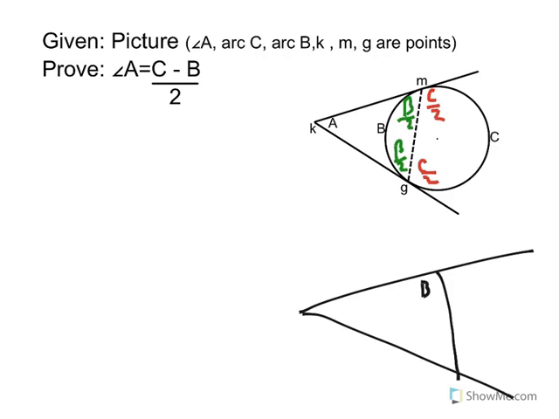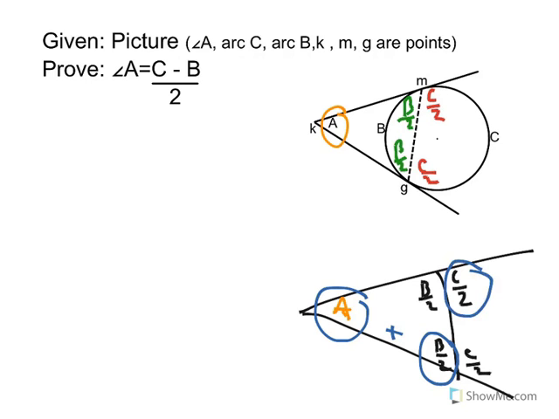So this was B divided by 2, and this was B divided by 2. This was C divided by 2, C divided by 2, and then this was angle A. So A plus B divided by 2 would have to equal C over 2 because it's an exterior angle. So those two remote interiors. So I know I can write that now.